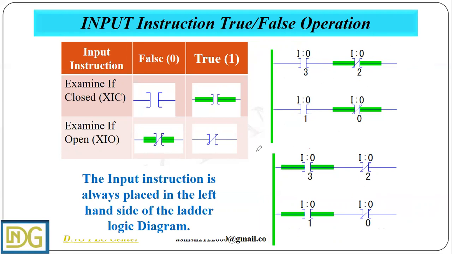When we are pressing, it will turn on and off. The input instructions are always placed on the left-hand side of the ladder logic diagram. So our input ladder logic is always placed on the left side of our program.